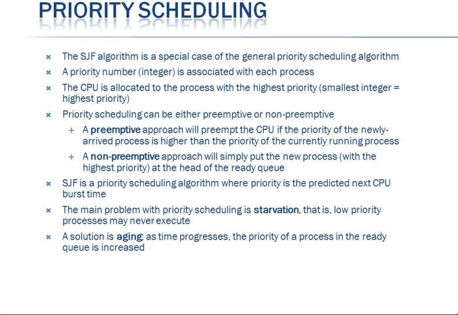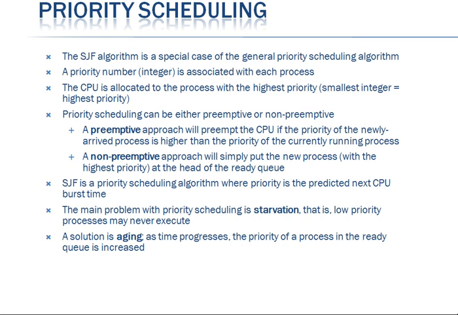In priority scheduling, we have a priority number associated with each of the processes. The CPU is allocated to the process with the highest priority. We can assign the smallest integer number as indicating the highest priority. Priority scheduling can be either preemptive or non-preemptive.